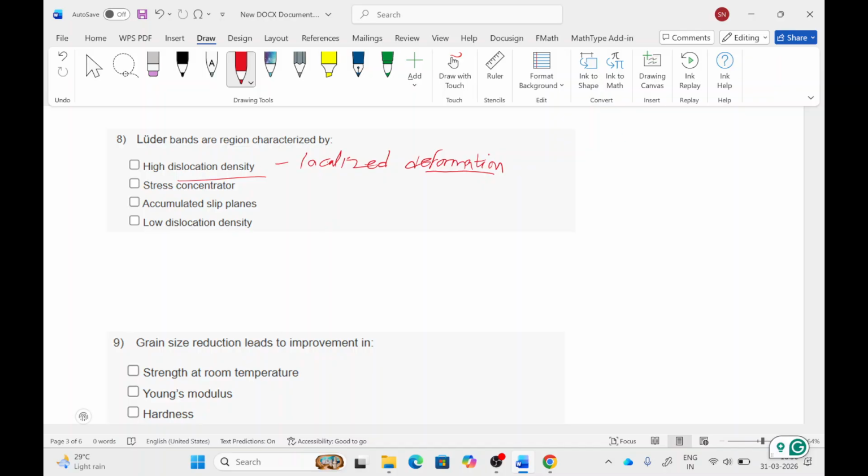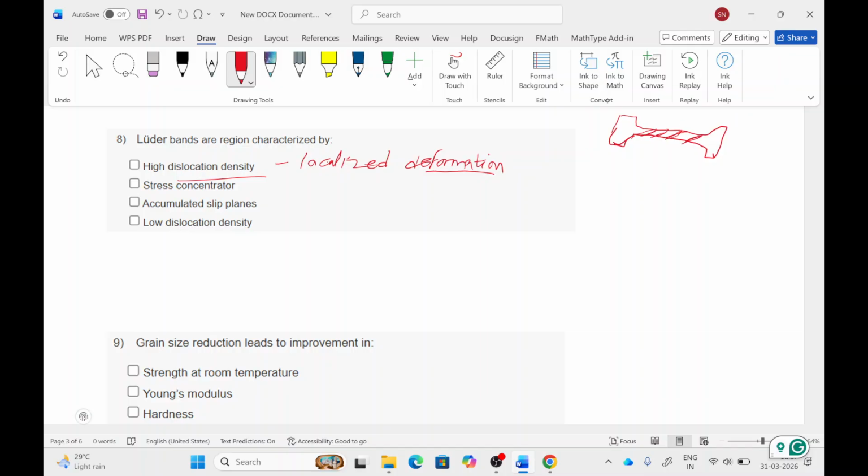Means we can see, so these type of lines are observed as the Luder bands.